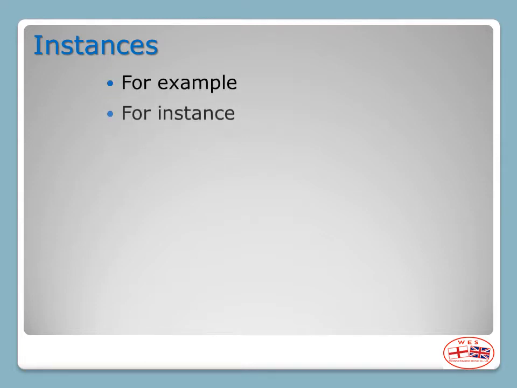Now, as you can see, in general and in particular: one is talking about general things, one is talking about one specific thing. For example, for instance, more or less the same.